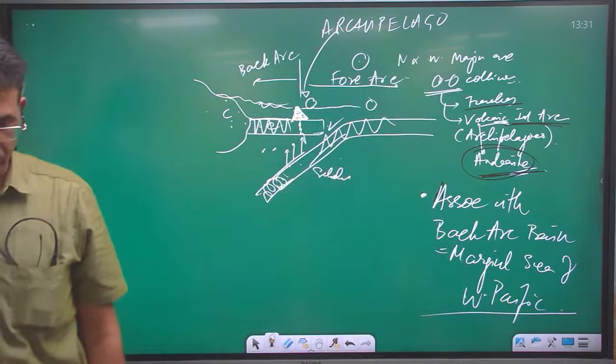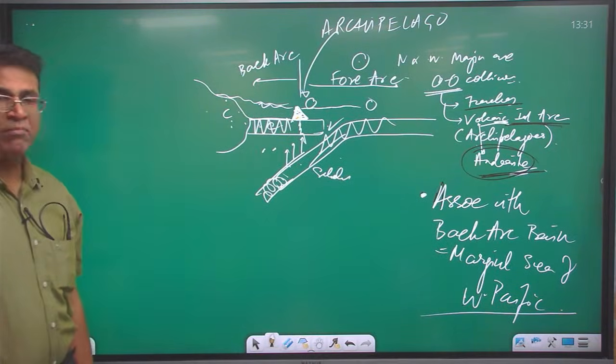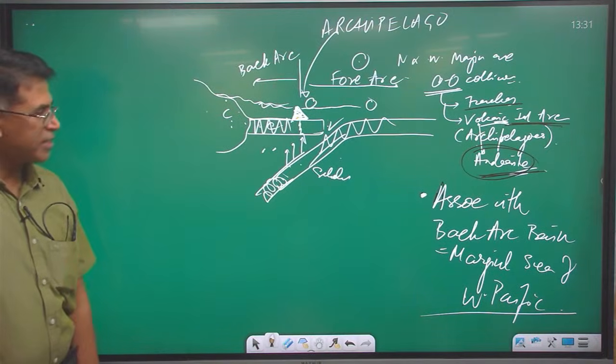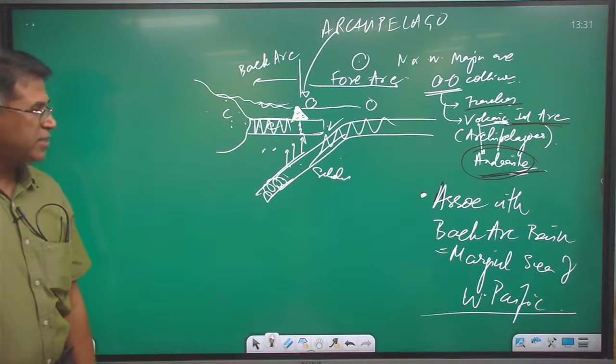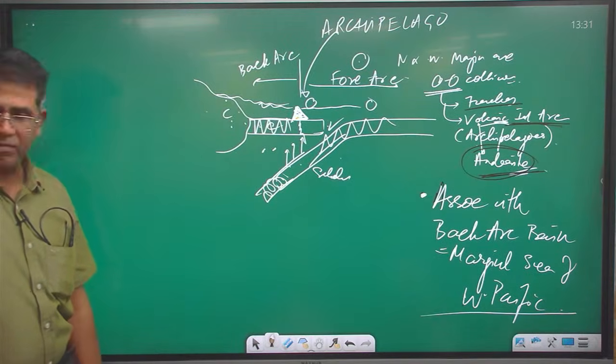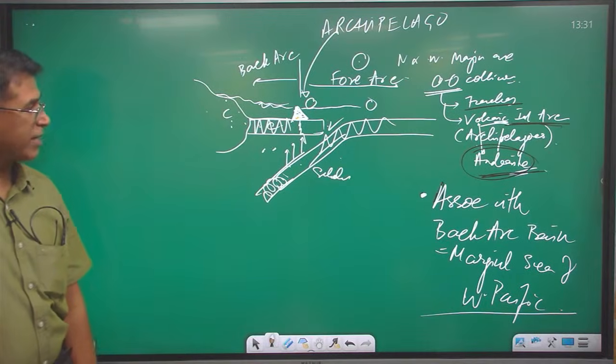There are back arc basins that become the marginal seas, matlab seas on the margins, on the West Pacific side.